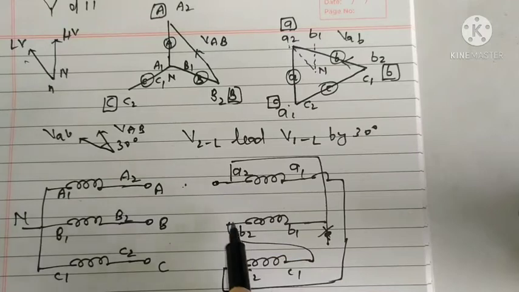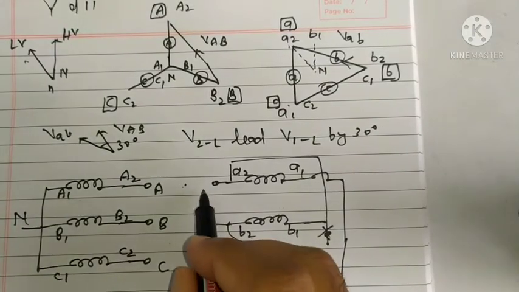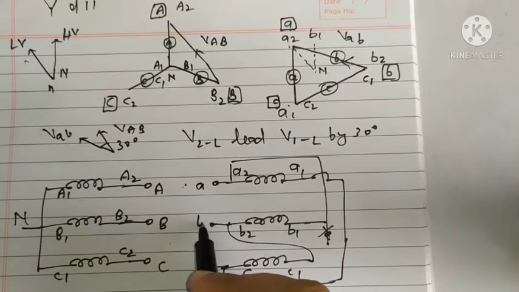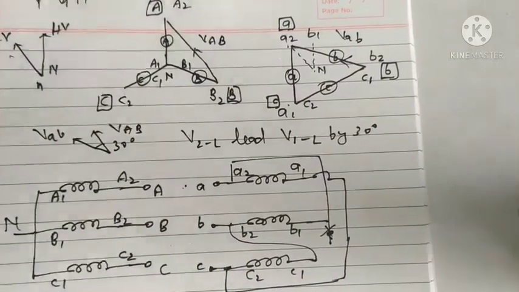And these terminals are available as LV winding terminals A, B, C.